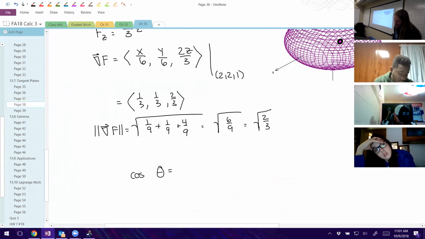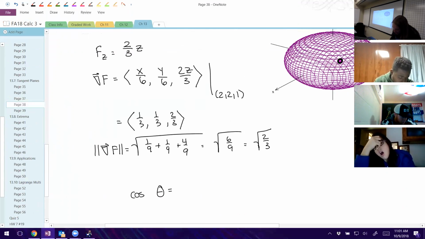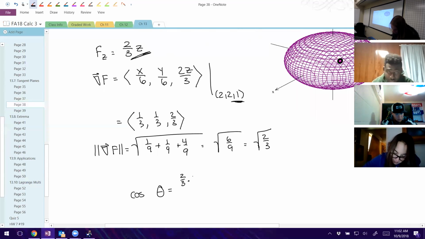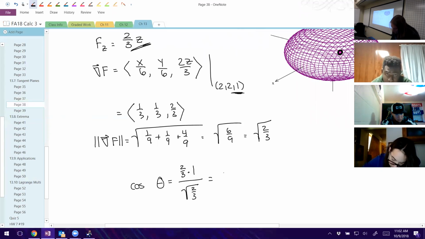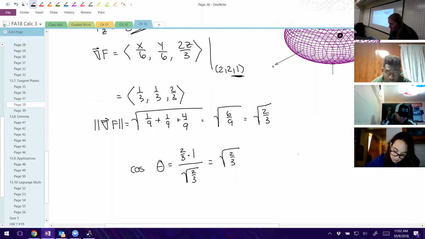All right, so we need the partial derivative with respect to z evaluated at this point. So it's going to be 2/3 times 1 over that magnitude we just found, over the square root of 2/3. And if we reduce that, that will just give us square root of 2/3. Whether you're using a calculator or doing some math by hand, get that. We really care about theta. Square root of 2/3 doesn't matter with a unit circle, so we're going to have to approximate this.